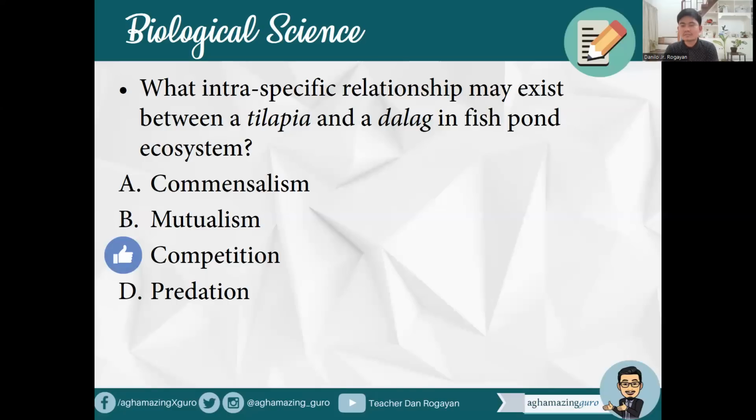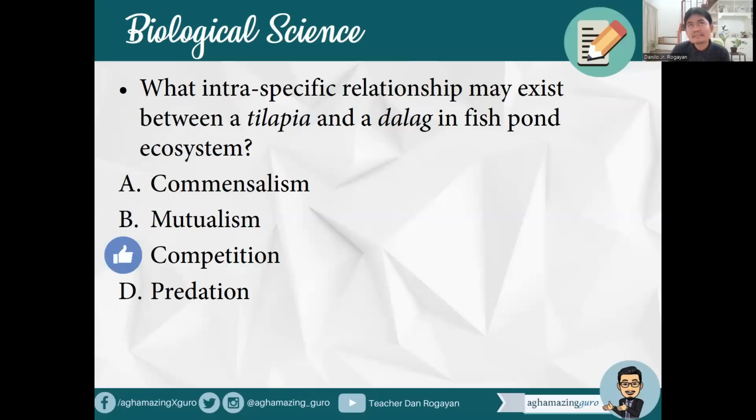Gumamela and Rosal fighting for the nutrients of the soil. Gumamela and Rosal. Okay. Intra or inter? Okay, so we can consider this intraspecific because they are almost the same, no? Same species. Because they are both flowering.